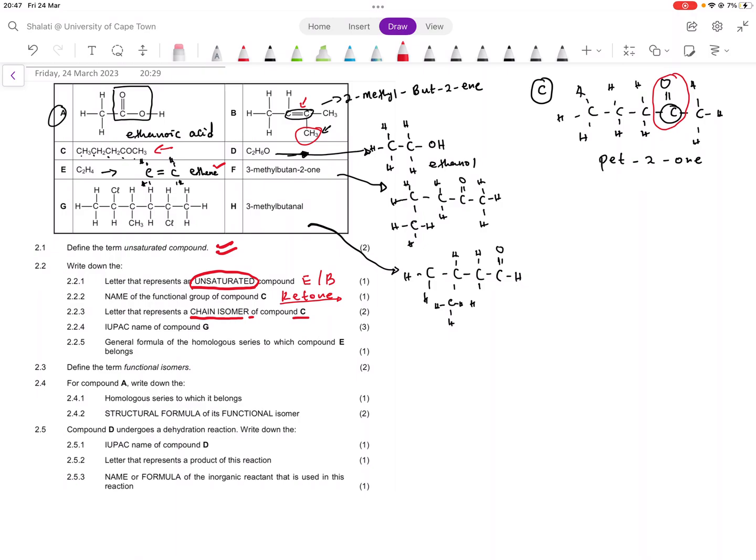Okay, so let's check which molecule has the same functional group as compound C and the same molecular formula as compound C, but different longer chain. In compound C, the longest chain is 5 carbons. That makes a pent. So let's see which one has a shorter chain, but still it's a ketone, and it still has the same molecular formula as compound C.